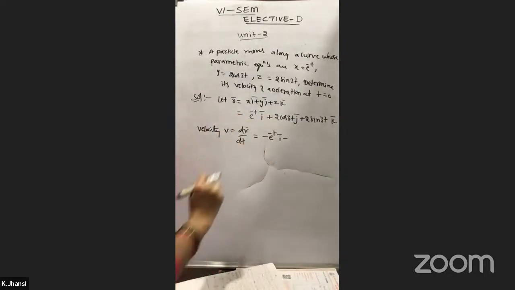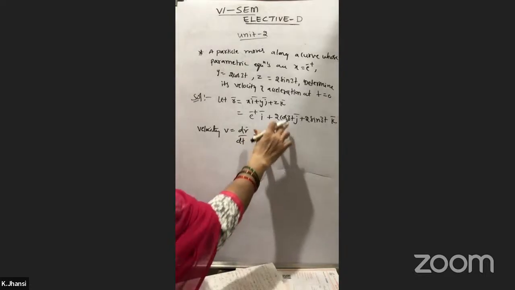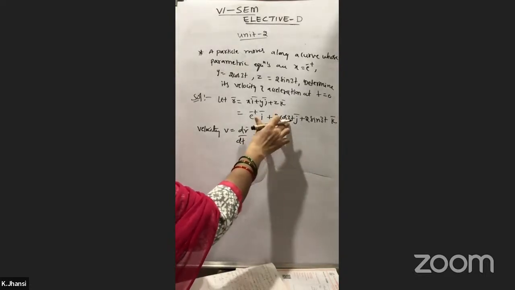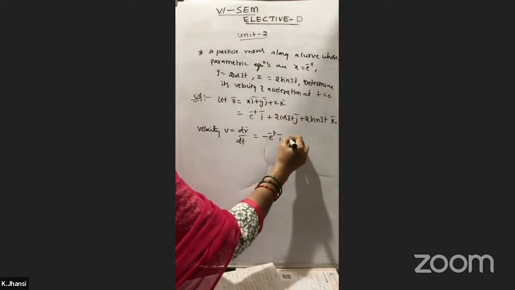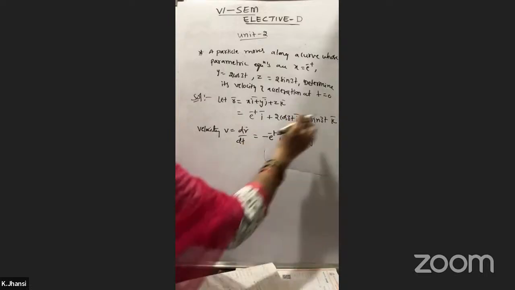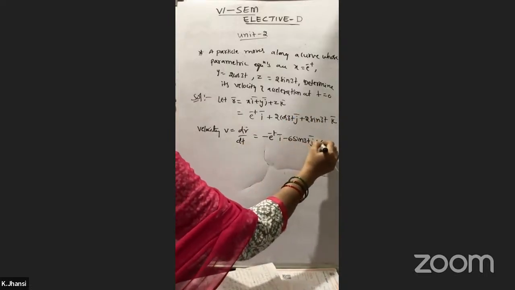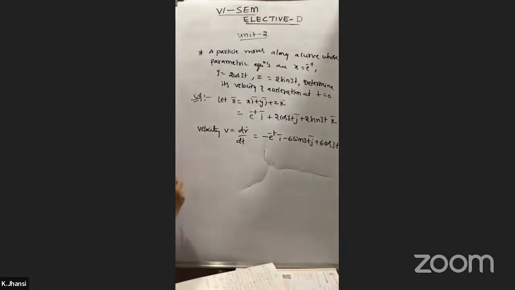Here cos 3t, that form it is there. So cos differentiation is minus, so minus whatever the quotient of t is there, that you will get here. So it is minus 6 sin 3t j. Okay. So here also 6, sin will become cos 3t k. Okay.